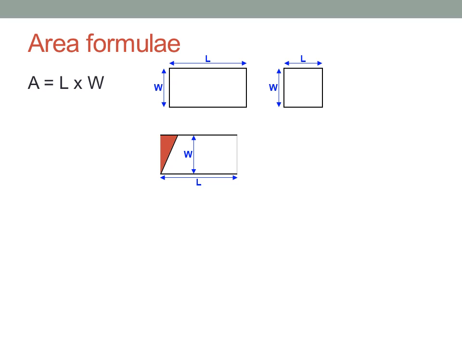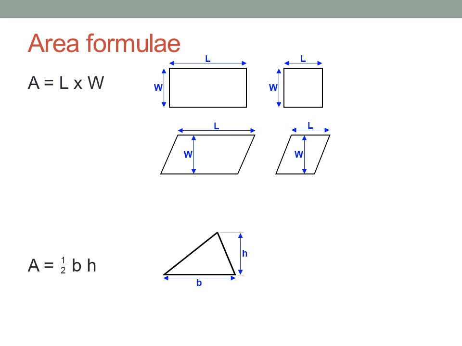As long as you use the actual width of the shape, the width of the parallelogram, and not the length of the sloping side, you're basically just working out a rectangle. And of course, if you can work out a parallelogram, you can also do a rhombus exactly the same way, because a rhombus is just a special kind of parallelogram where the sides are all equal.